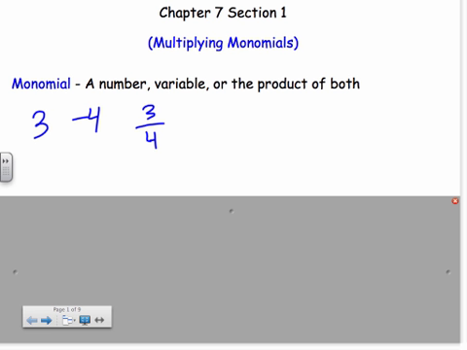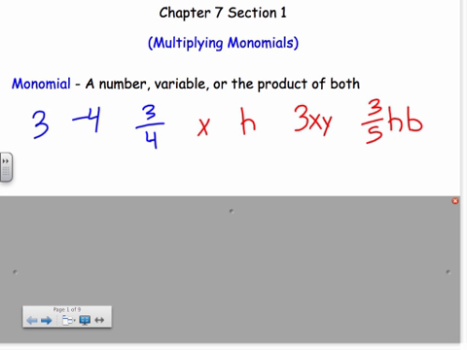For example, x, h, or the product of both, which would be 3x, y, or 3/5 hb. Okay, anything with the product of a number and a variable.